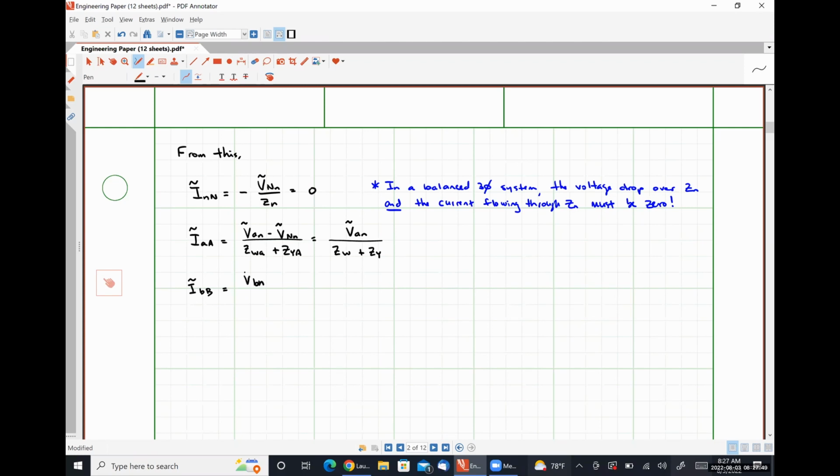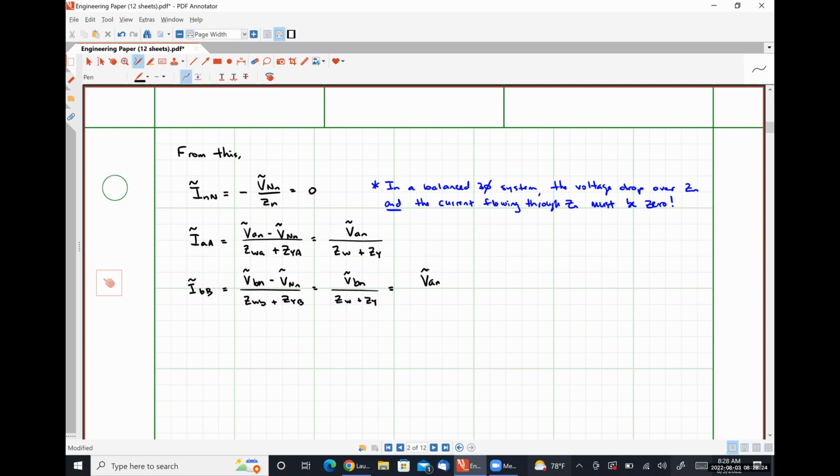in the most formal sense would be VBN minus VNN over ZWB plus ZYB, which, in a balanced system, simplifies to VBN over ZW plus ZY. And we can take this one step further.